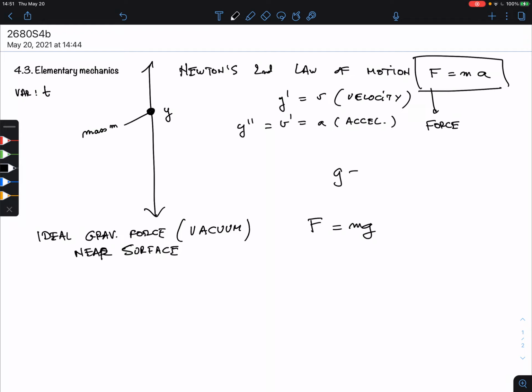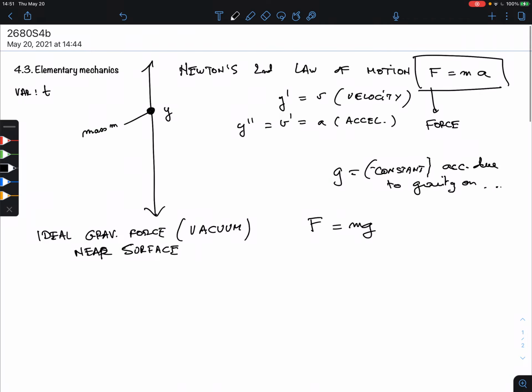So g is the constant, and I'll emphasize that: acceleration due to gravity on Earth. Of course, we're thinking on Earth, but you can do this on the moon, you can do this elsewhere, okay?